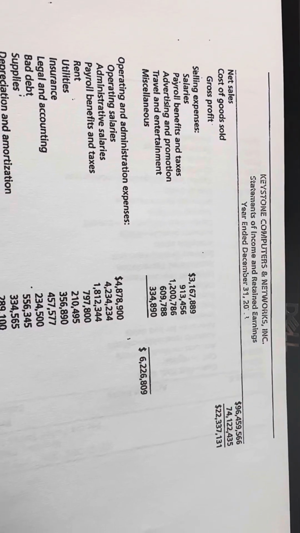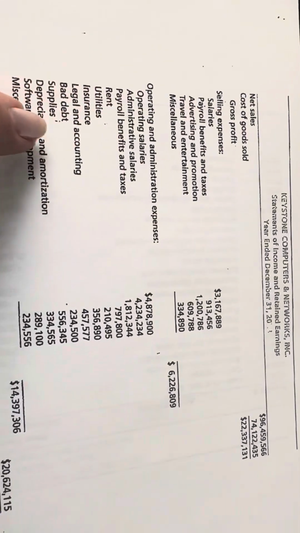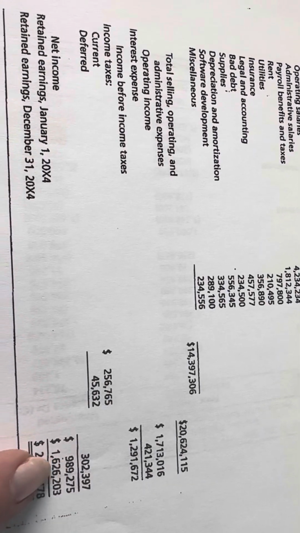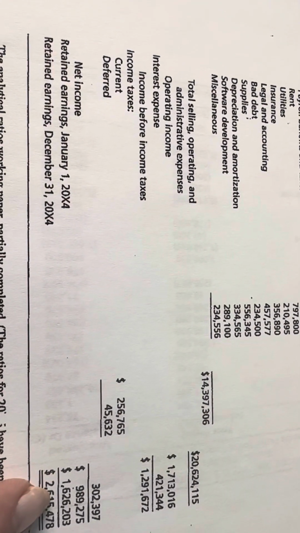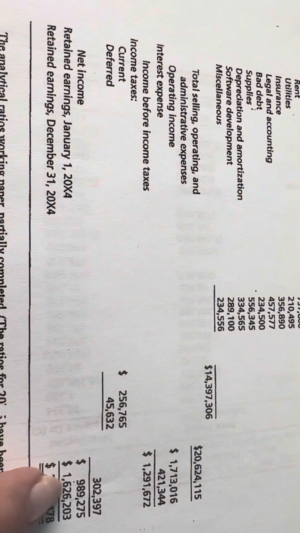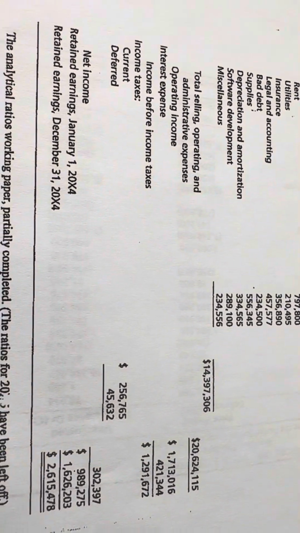The next page is last year's income statement, and it starts with sales up here. Then it's going to have your expenses. It's going to come down here, and you'll have net income. And if you'll notice how they reconciled retained earnings by taking the beginning balance, adding it to net income, that's going to give you an ending balance. And you'll need to do that also on yours.